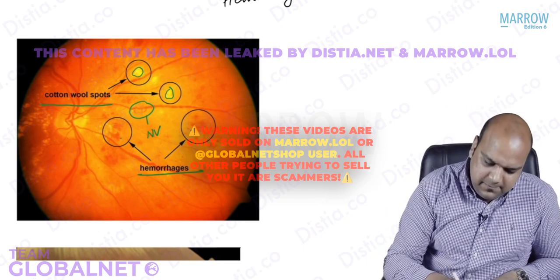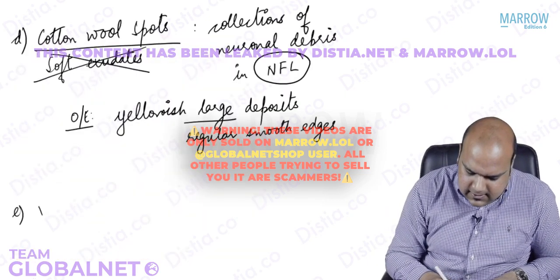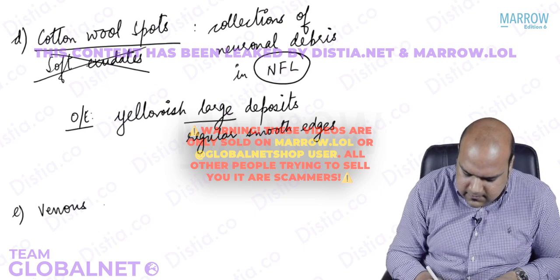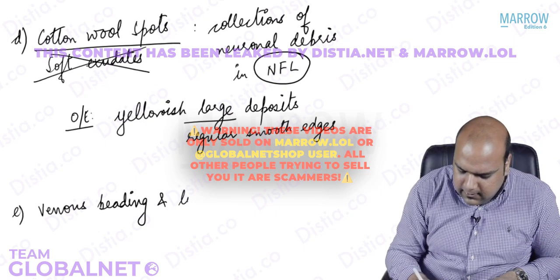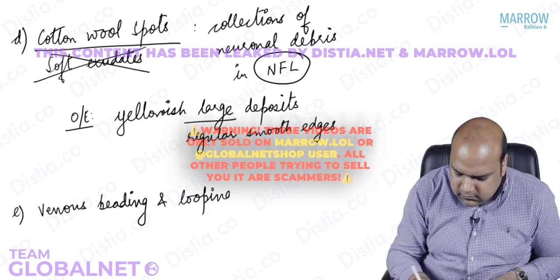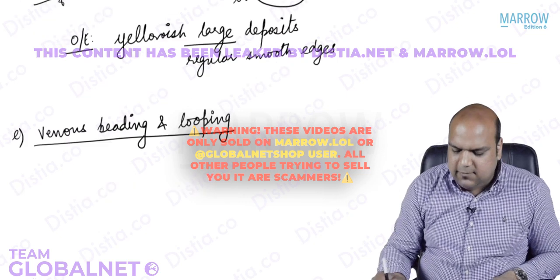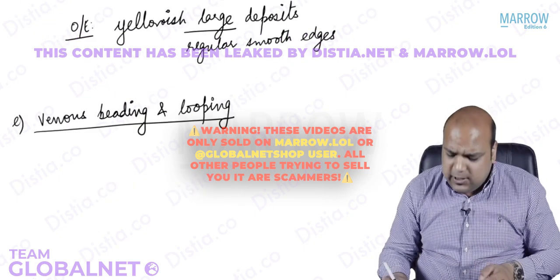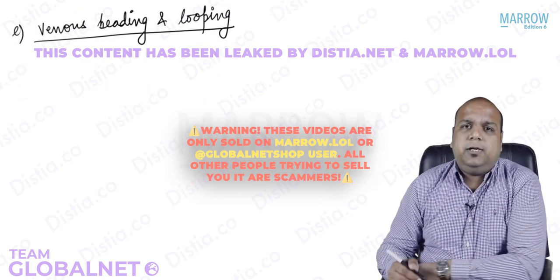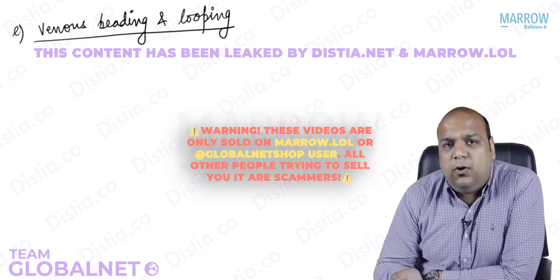Moving back, everybody. Next sign is venous beading and looping, or I can say venous tortuosity. Due to ensuing hypoxia, continuing hypoxia, everybody, there is venous tortuosity, which presents as either beading or looping.